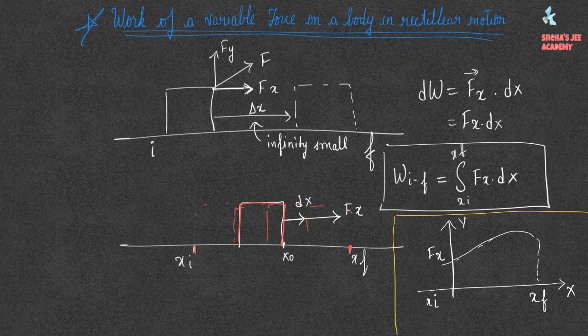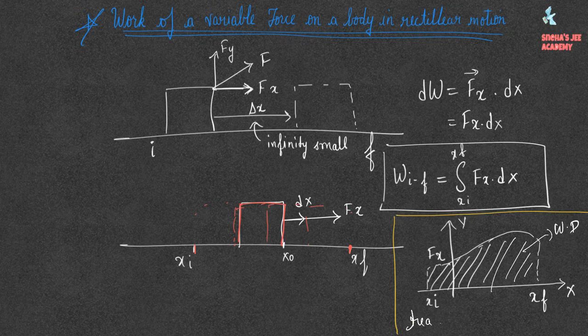The area under this graph is the work done. The area under the graph is equal to the work done.